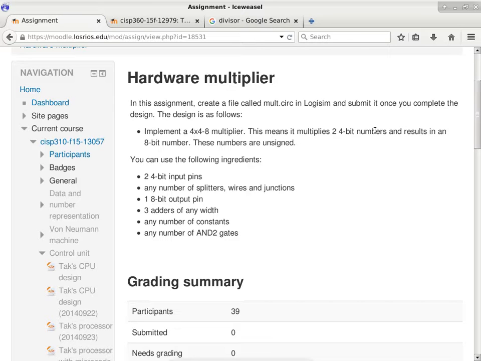We already know the addition is the easy one. Remember, I said 3 adders of any width. 1, 2, 3. Output pin, input pin, input pin. So the only mystery component is the AND 2 gate.